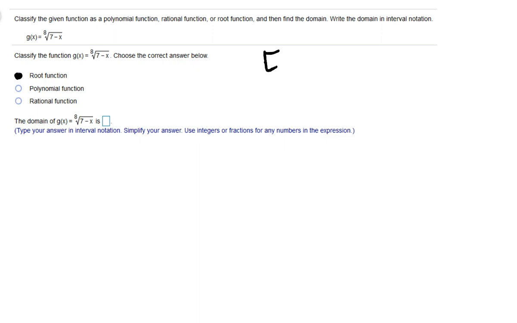The two categories are the even roots and the odd roots. And what we're talking about is the index on that root. So I'm going to highlight the index on that root, and this one has an 8. So because 8 is even, we have an even root.